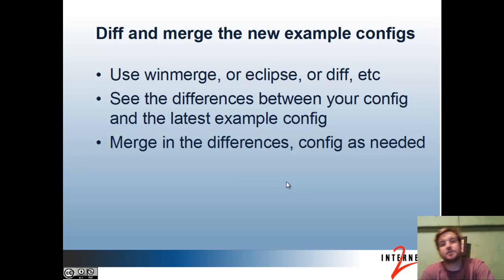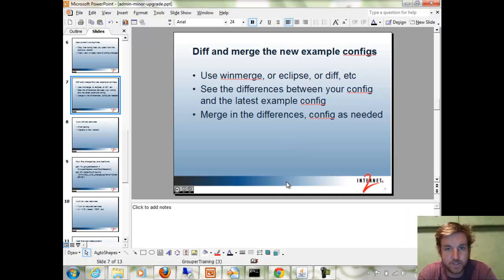So now I can diff and merge the new example configs with the ones that I had, and you can use WinMerge or Eclipse or diff and just see what's changed between, in our case, the 2.1.0 configs and the 2.1.1 example configs, and merge in the differences as needed.